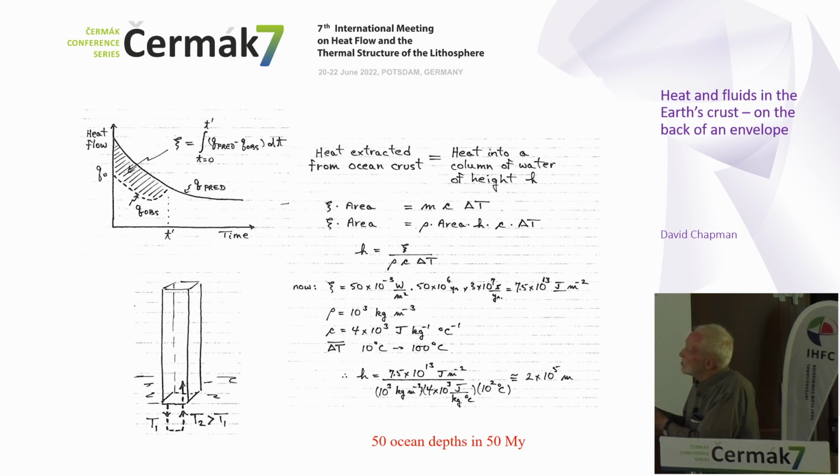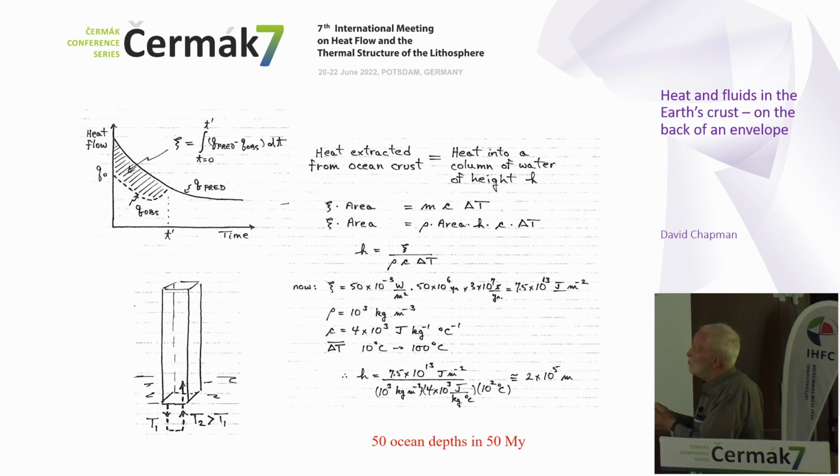The area under the curve here that's shaded is watts per square meter times time, so it's joules per square meter. So I'm equating so many joules per square meter from the ocean crust into heating a column of water of height h. So I'm putting water into the crust, bringing it out, and equating that water to this area over here. You solve algebraically for h. It's simply that area divided by density, specific heat, and delta T.